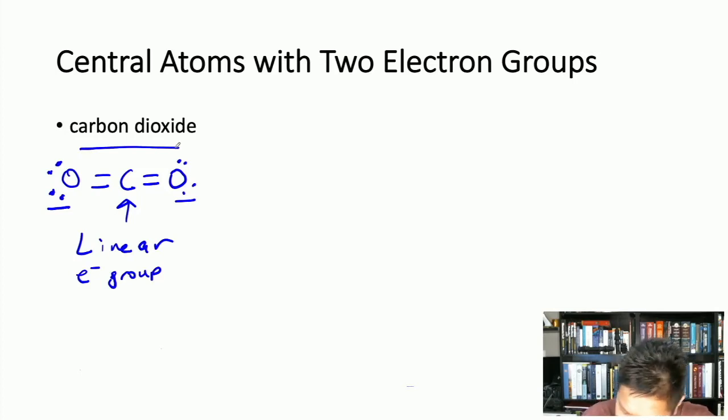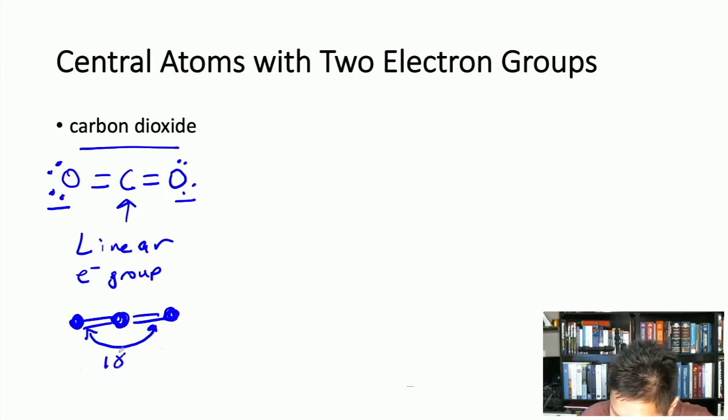When we draw its 3D structure out, which is very similar to its Lewis structure just without the lone pairs, we see that the bond angle between the two oxygens and the carbon is 180 degrees.